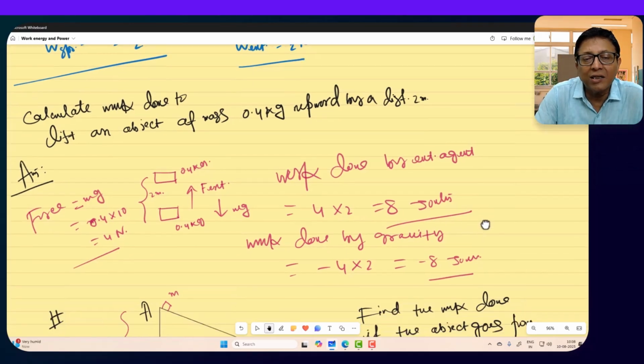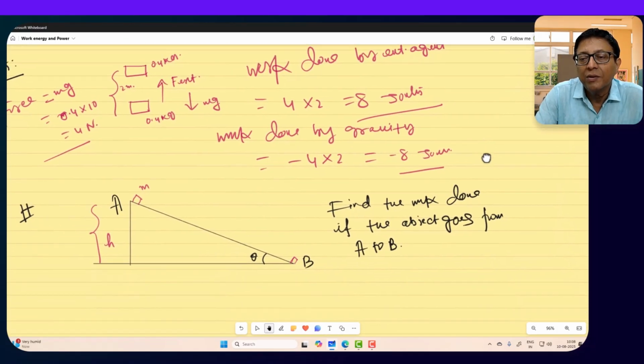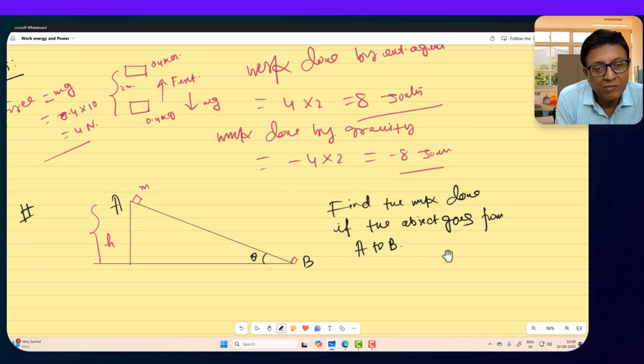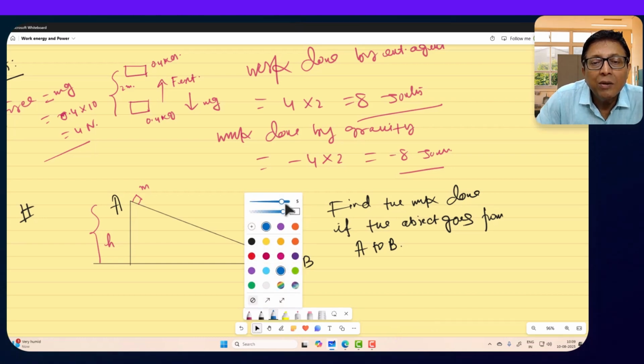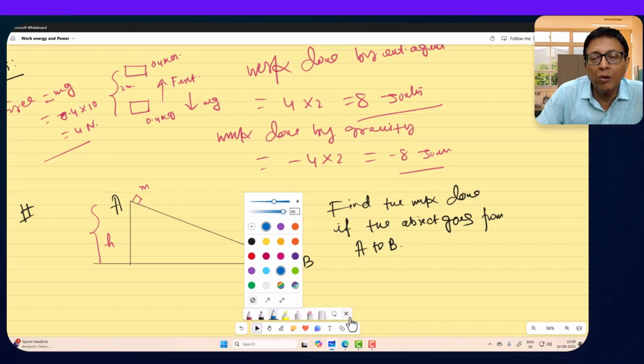Now consider this example. Find the work done if the object goes from A to B. Object goes from A to B. What does it mean? Who took the object from A to B? Is there any force? Have we applied any external force? No, we have not applied any external force.